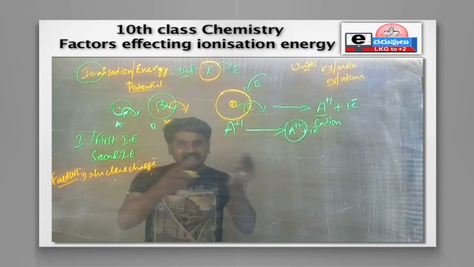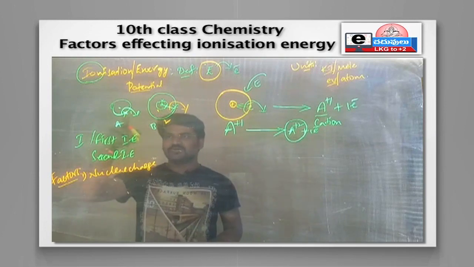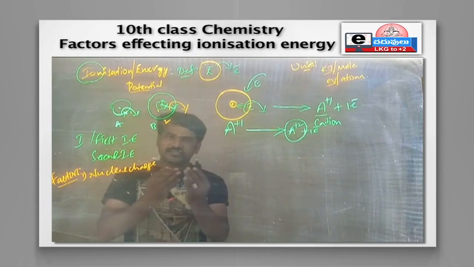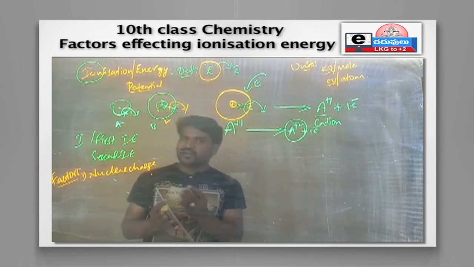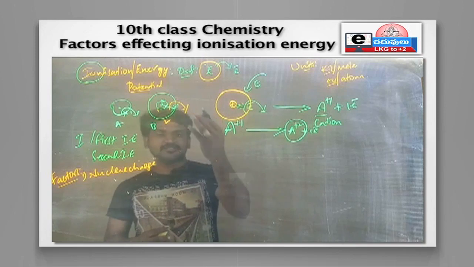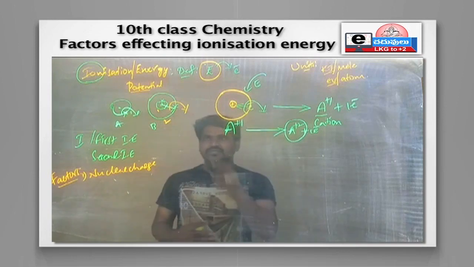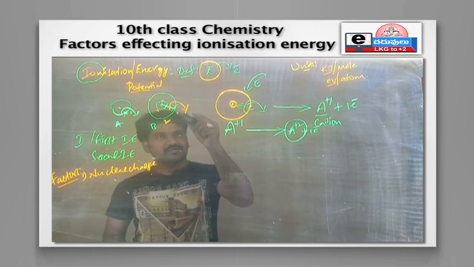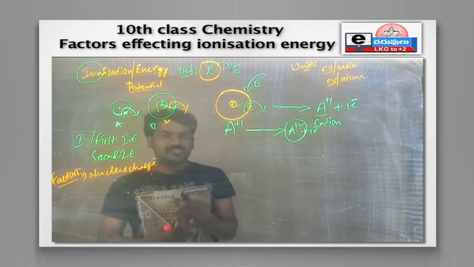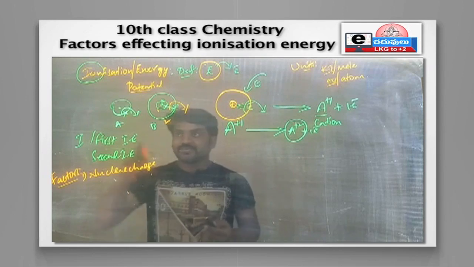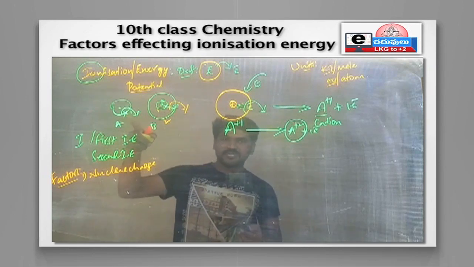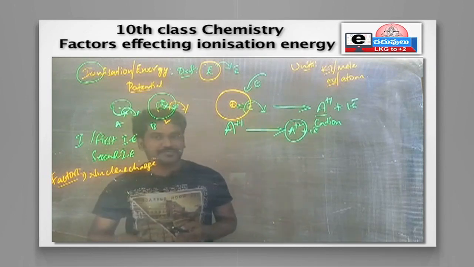Distance increases, attraction decreases. Here only one orbit, less distance, so more attraction. Here the distance is more, so attraction is less, and you can remove this electron easily.